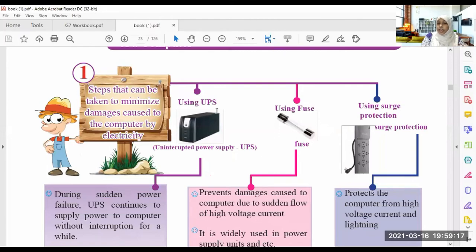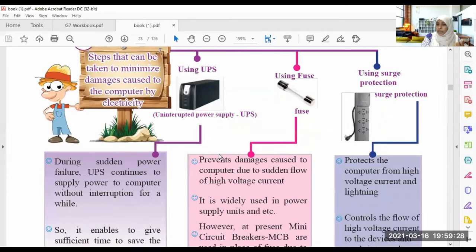First one, we can use a UPS, uninterrupted power supply. You know what the UPS is. Last week I told you about the UPS in detail. Why are we using the UPS? We are using the UPS as a battery, a power supply to the computer when the electricity is cut. So during a sudden power failure, the UPS continues to supply power to the computer without interruption for a while. For a while, not for hours.